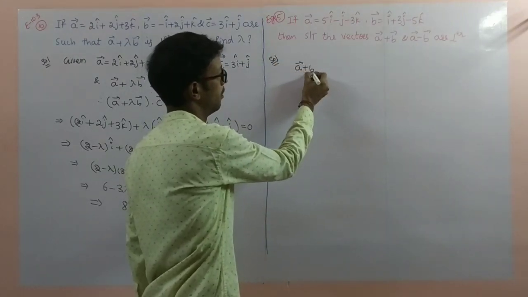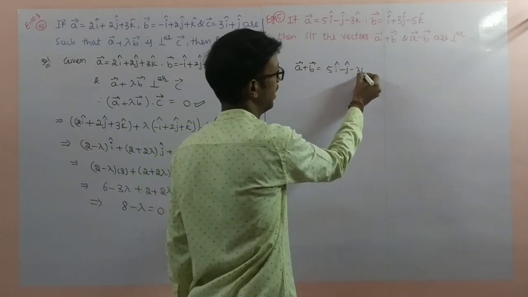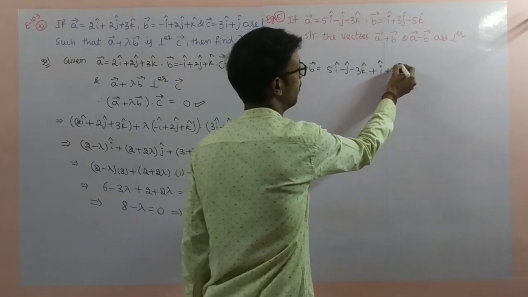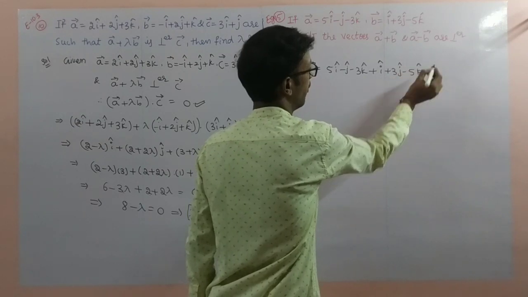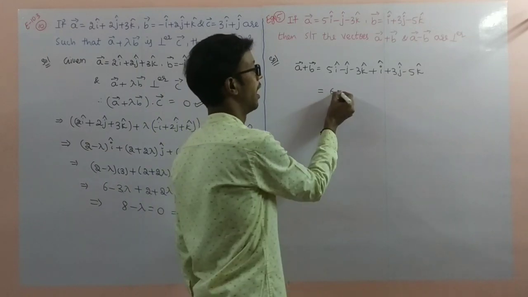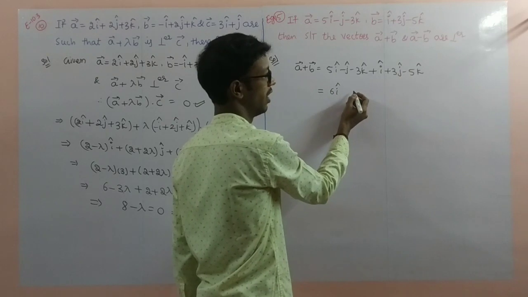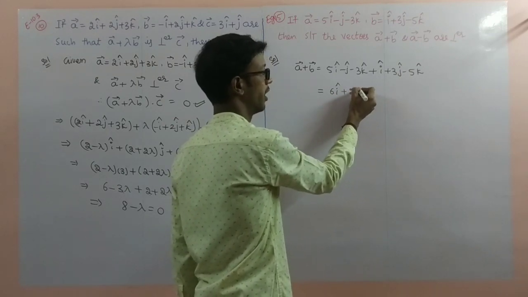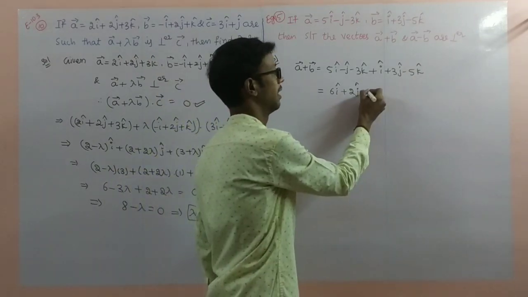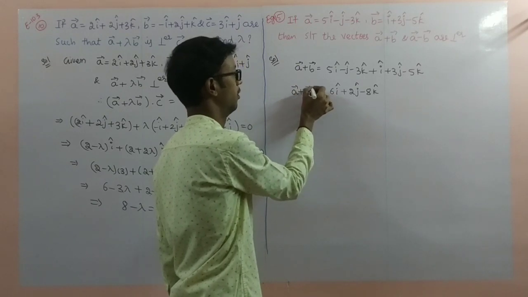A bar plus B bar equals 5i cap minus j cap minus 3k cap plus i cap plus 3j cap minus 5k cap, equals 5 plus 1, 6i cap, minus j plus 3j, 2j cap, minus 3k minus 5k, minus 8k cap. This is the A bar plus B bar value.